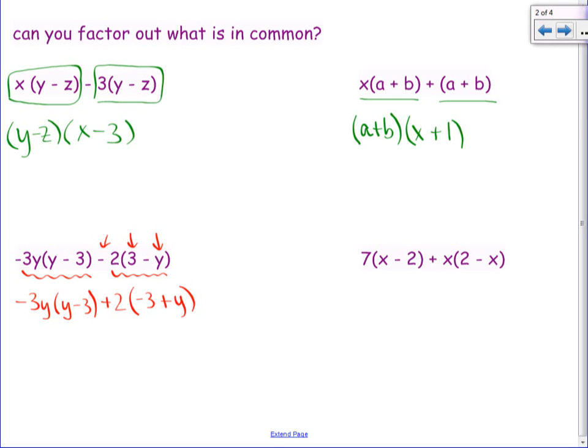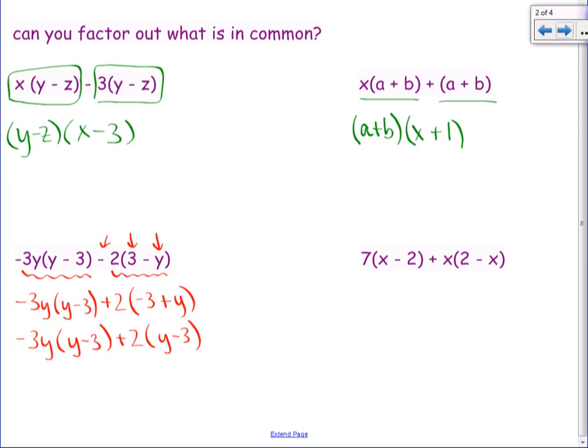we can do that. Now if you look at what's in the parentheses, these are really the same thing, right? Y minus 3, negative 3 plus y. Could just rewrite the second one. Okay, so I'm going to do that just so when you look back at your notes, you remember why we're doing this, but I'm going to skip this step in the future. Because these are really the same thing.